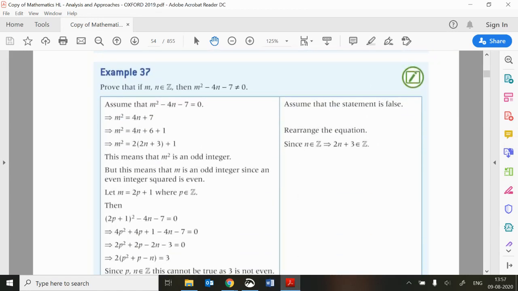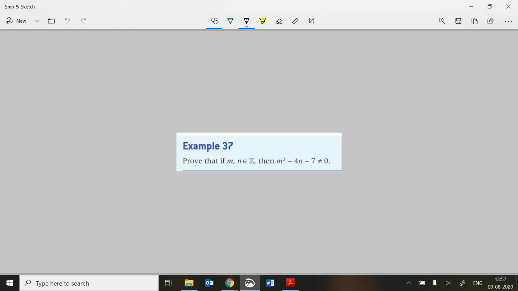So example 37, this. Okay, now this is the last of the proofs by contradiction here. You might want to have a go at this one yourself, but this one requires a fair bit of creativity in order to sort this out.